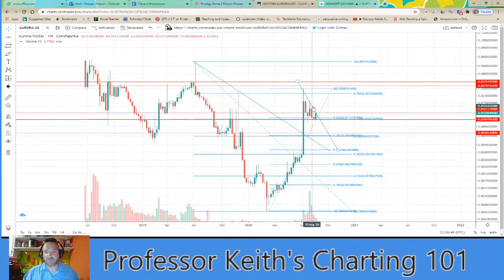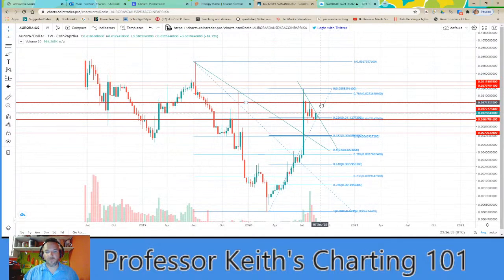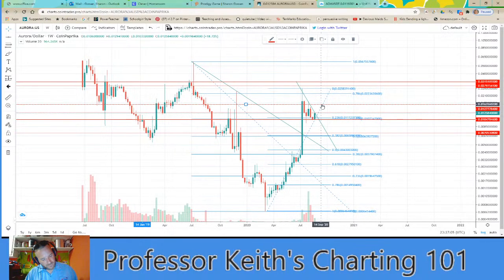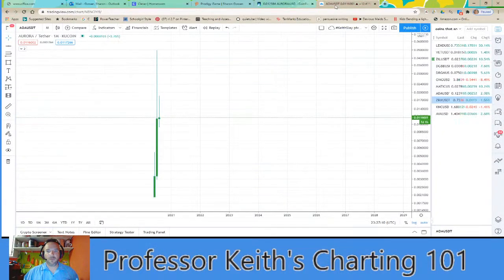I would say probably got another line in here right there. I'd wait for it to break 0.017 first. So 0.017 barrier, then buy.